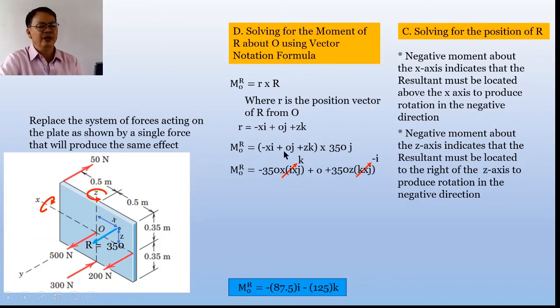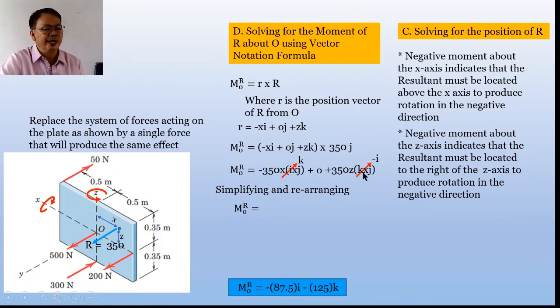So when we simplify that equation and then rearrange natin, no? Simplifying and then rearranging, then the moment of R about O becomes, unahin natin itong i, and then we try to multiply that, that becomes negative 350z times i, while this one, negative 350 times x multiplied by k.